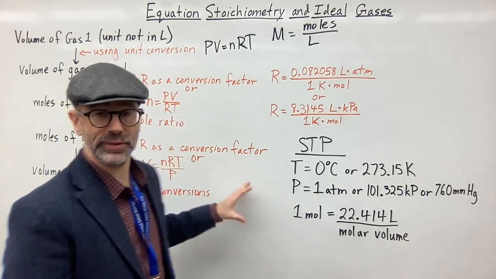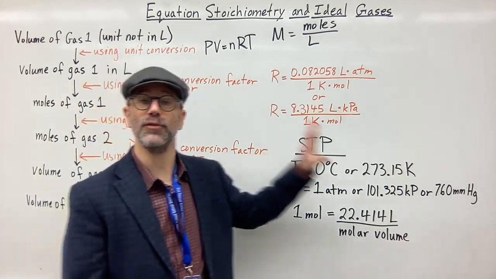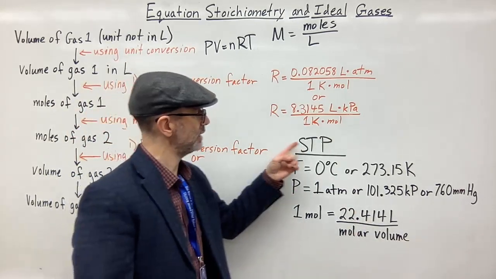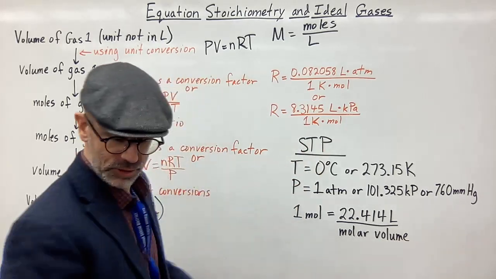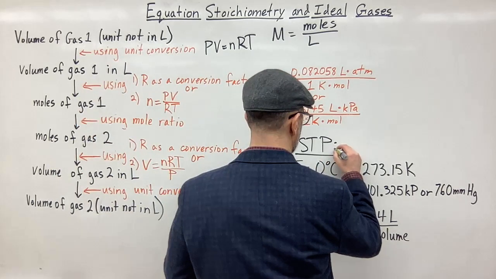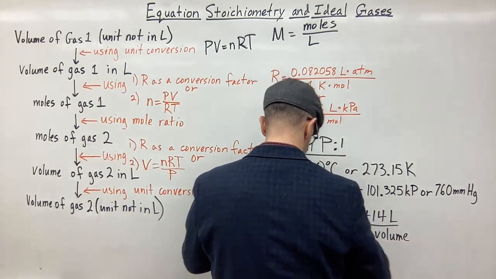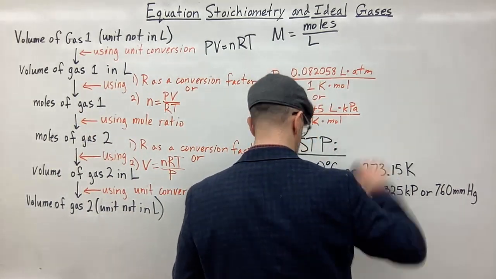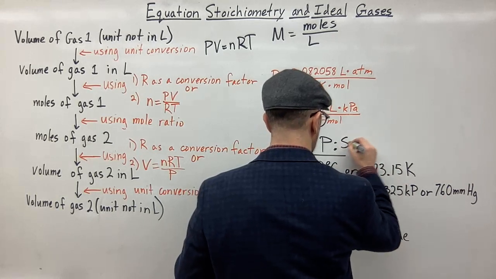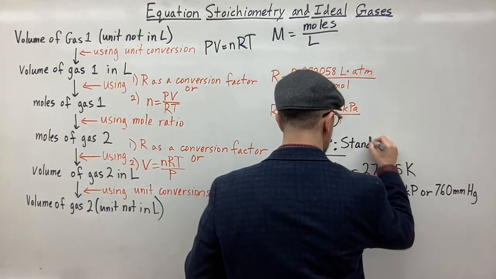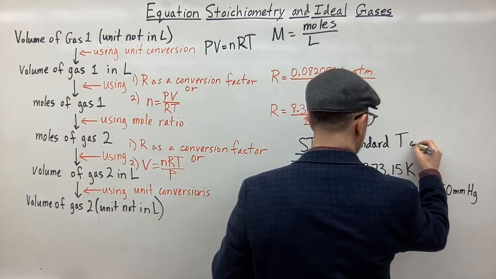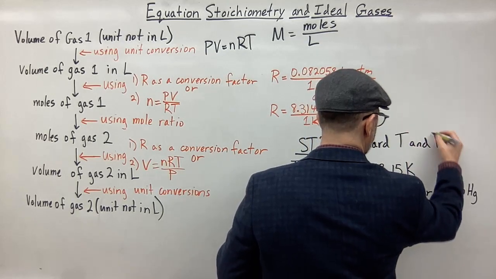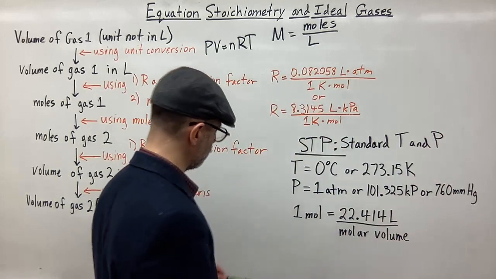Okay, there's one more thing I want to point out to you that's very helpful, and that is STP. STP stands for, let me write it out, standard temperature and pressure.